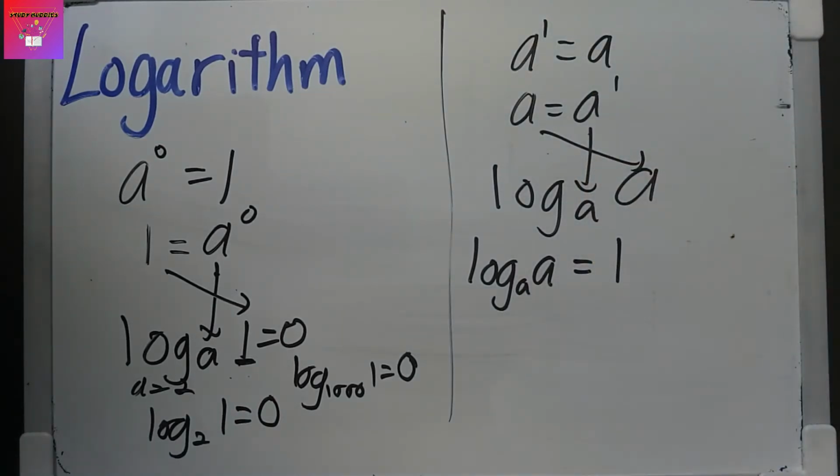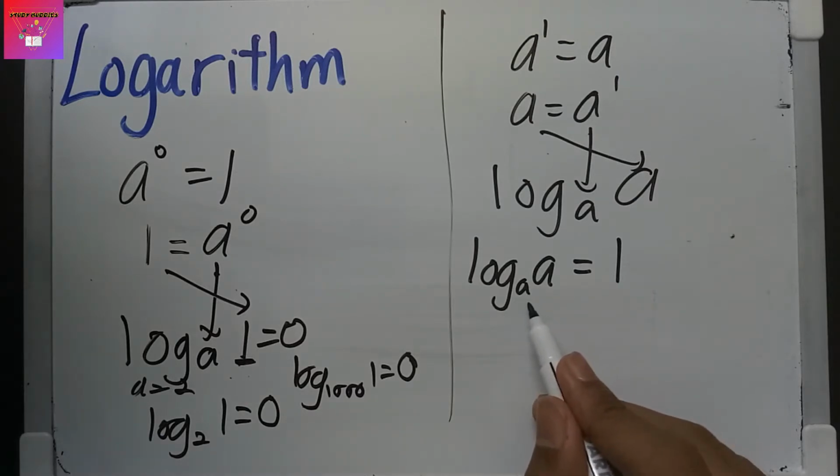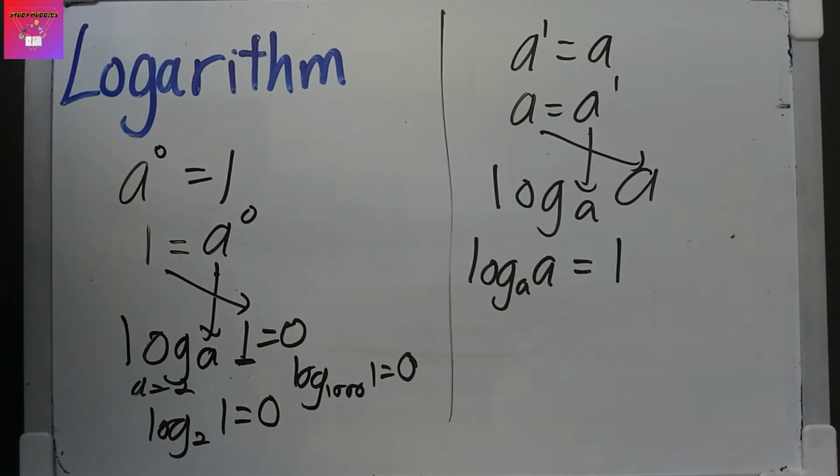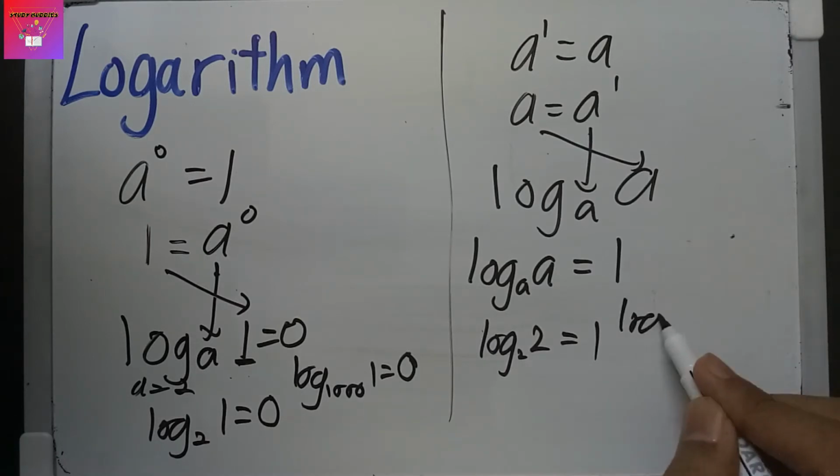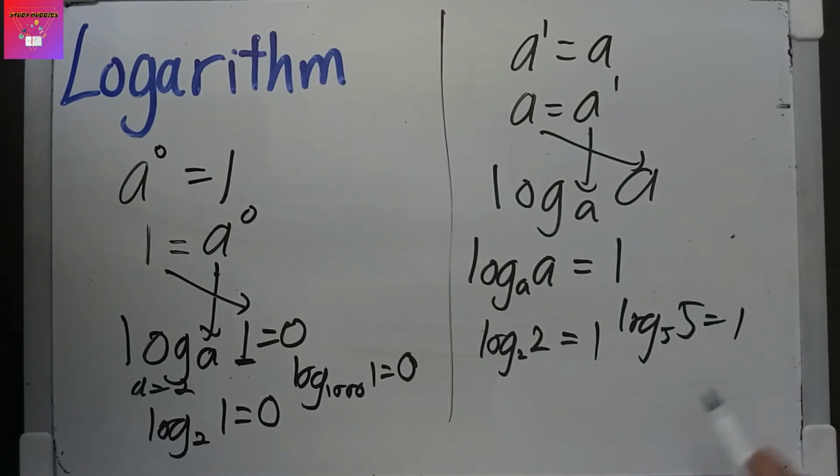Whenever you see a logarithm where the base and the number after the base are equal, let's say log 2 of 2, the answer is automatically 1. Why? Because they are the same value. So log 5 of 5 is also 1. Log 100 of 100 is also 1.